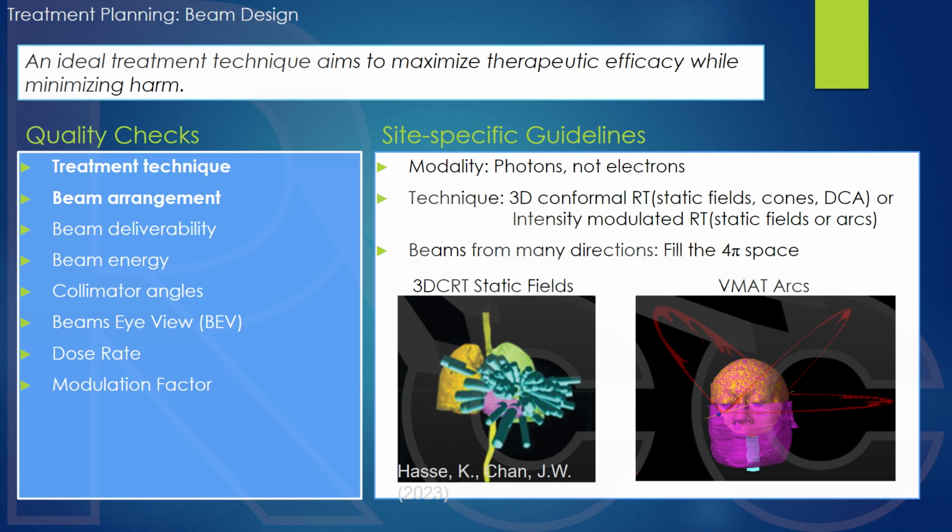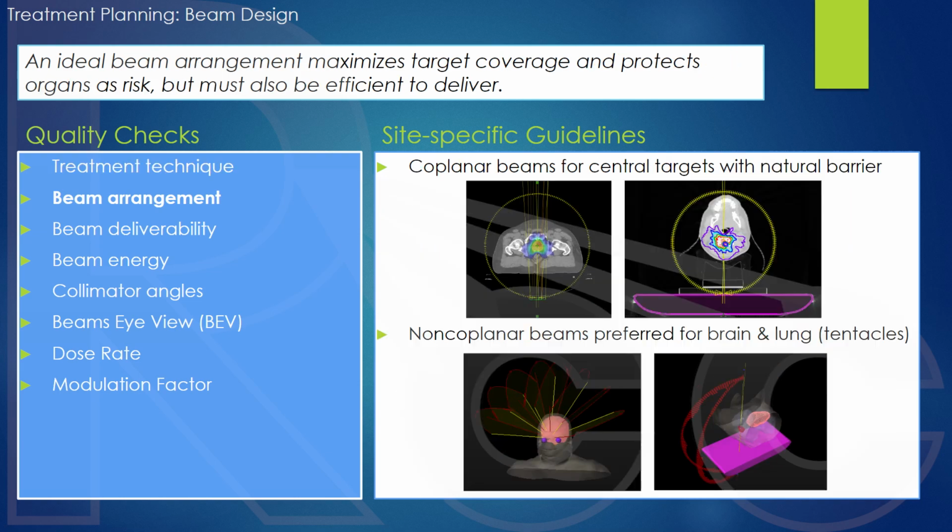I showed 2 examples below. On the left, many 3D conformal fields, and then on the right, VMAT arcs. An ideal beam arrangement will maximize target coverage and protect the organ at risk. It also needs to be efficient to deliver. And here are some considerations in terms of beam.